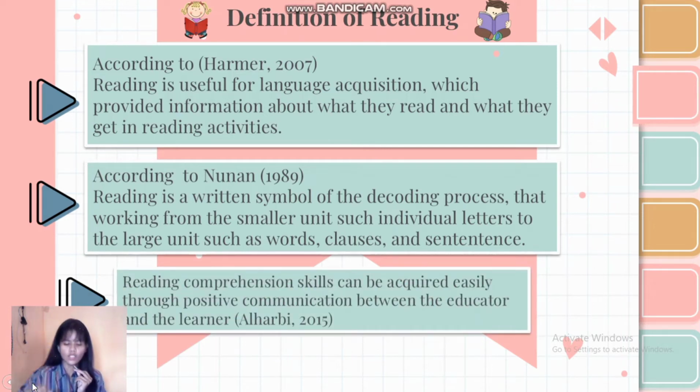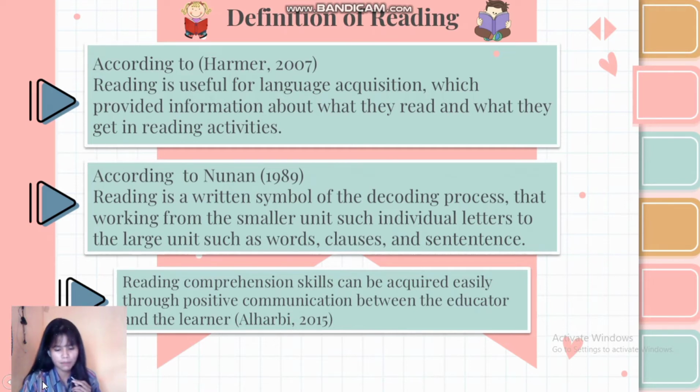And according to Al-Harbi, 2015, reading comprehension skills can be acquired easily through positive communication between the educator and the learner.